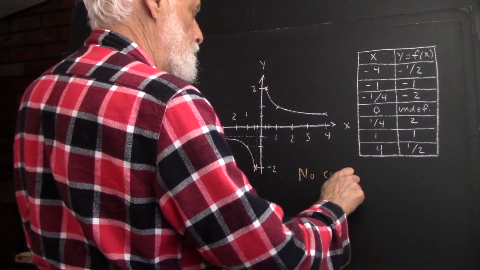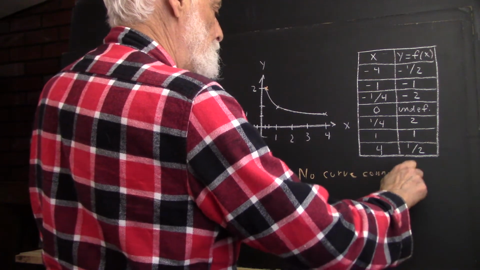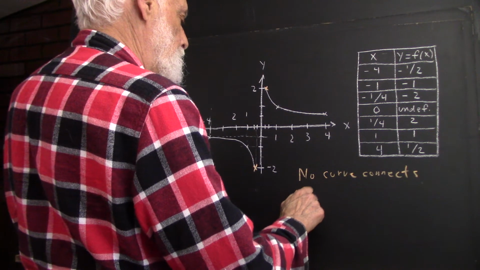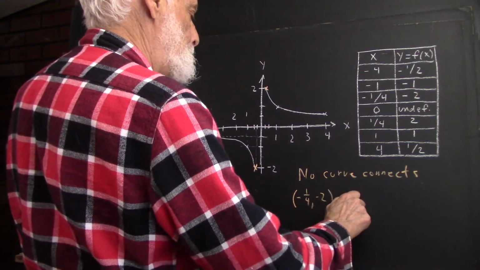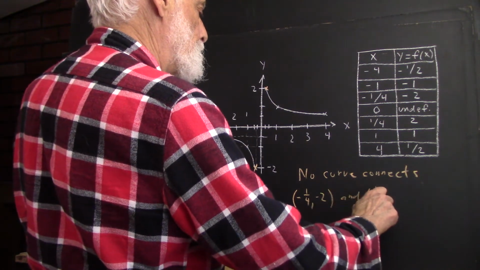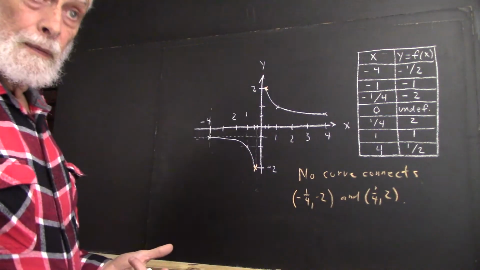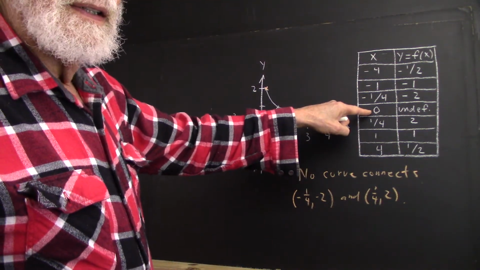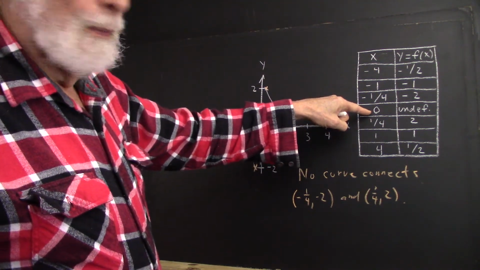No curve connects the points -1/4, -2, and 1/4, 2. Why not? Because the function is undefined when x equals 0.